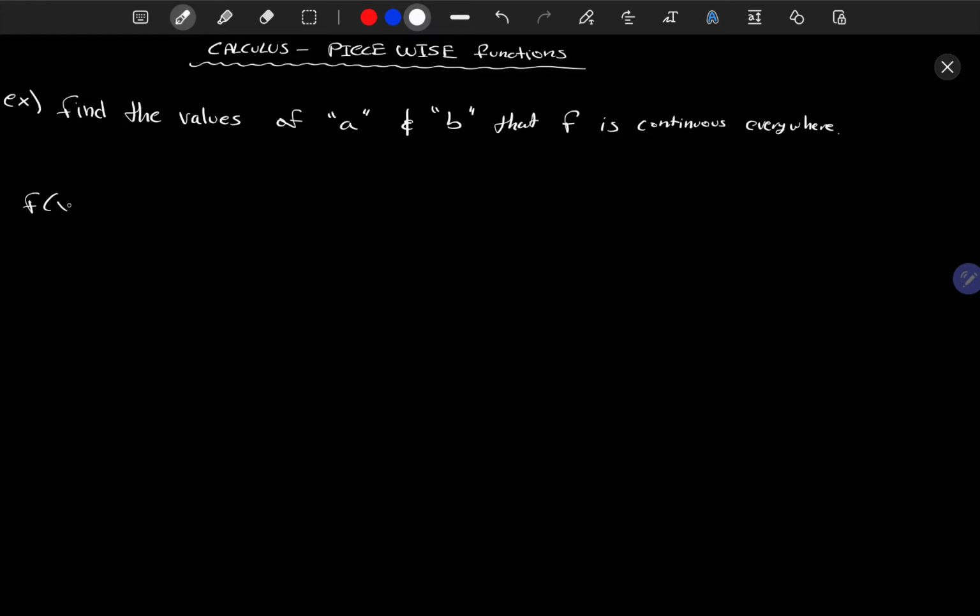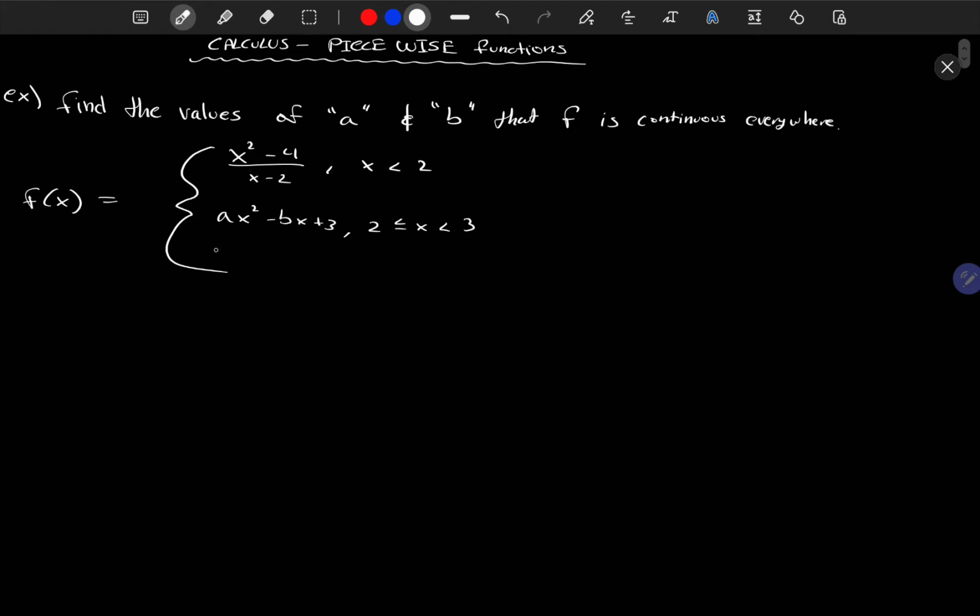And the function is f of x equals x squared minus 4 over x minus 2 for x less than 2. Now we have ax squared minus bx plus 3 for 2 less than or equal to x and x less than 3. And finally we have 2x minus a plus b for x greater than or equal to 3.